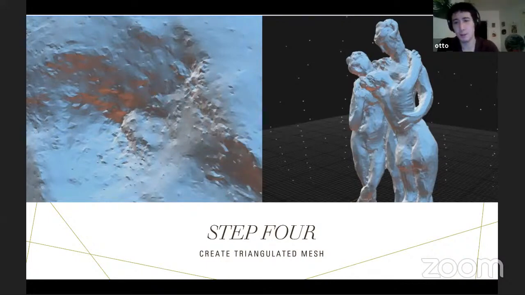So this particular model, we generally have to decimate it down from whatever number it is, let's say 400 million triangles, down to roughly 10 million triangles. And then it becomes somewhat easier to manage. Your computer won't crash when you try and import it into the 3D printing software.